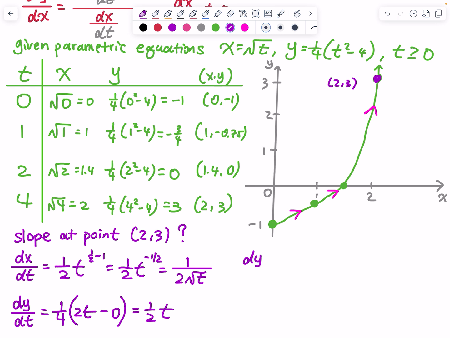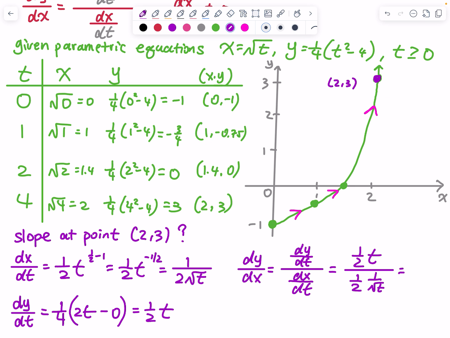And then dy dx is equal to dy dt over dx dt. Okay, dy dt, we got that. That is 1/2 t. And then dx dt, how about I put 1 over 2, 1 over root t. So I can see that the 1/2 got cancelled.